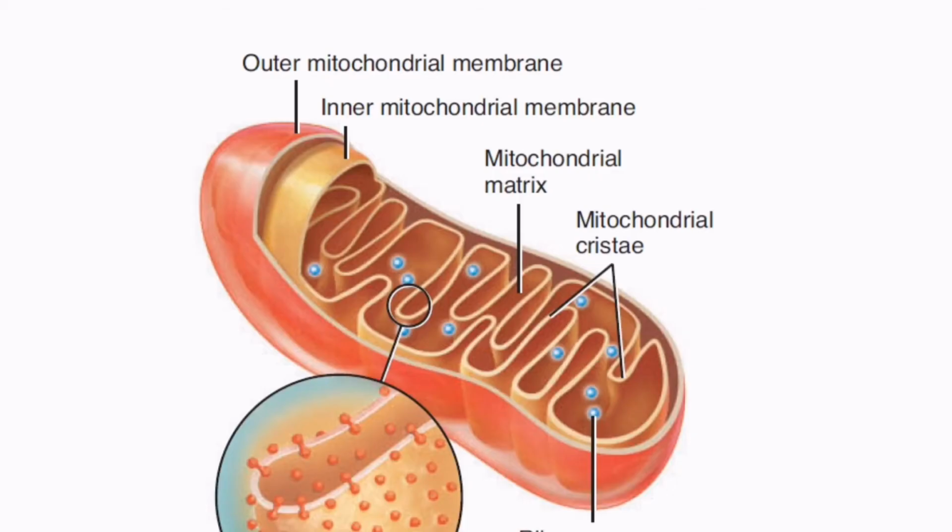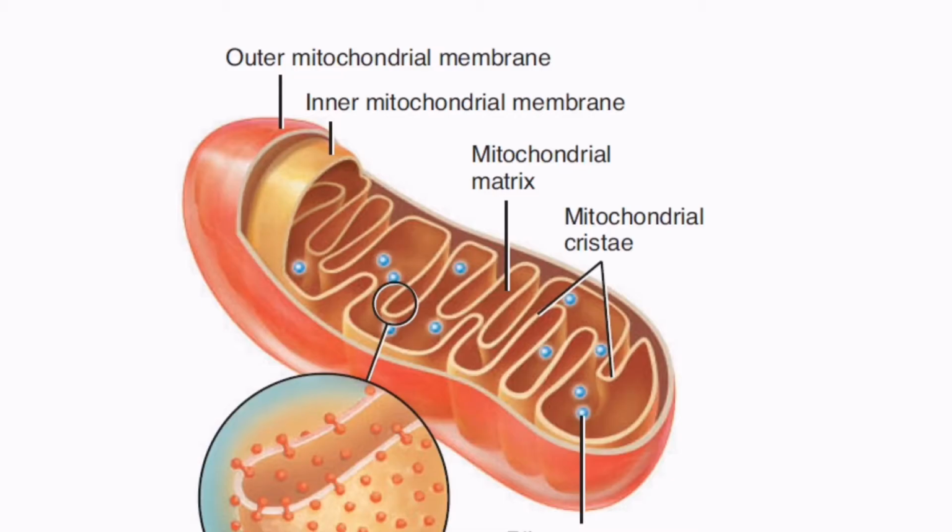This inner mitochondrial membrane contains a series of fold-like structures known as mitochondrial cristae. Cristae means ridges. Next, a central fluid-filled cavity is present in the mitochondria, enclosed by the inner mitochondrial membrane. This fluid-filled cavity is known as the mitochondrial matrix.